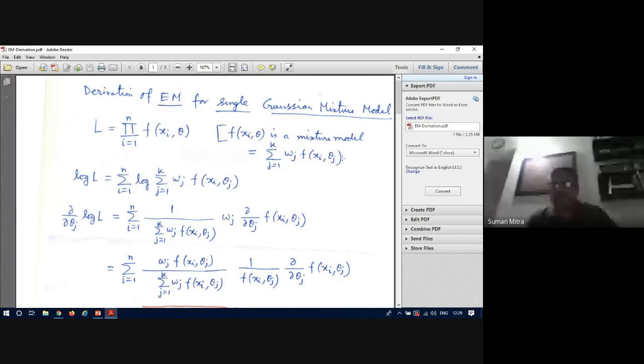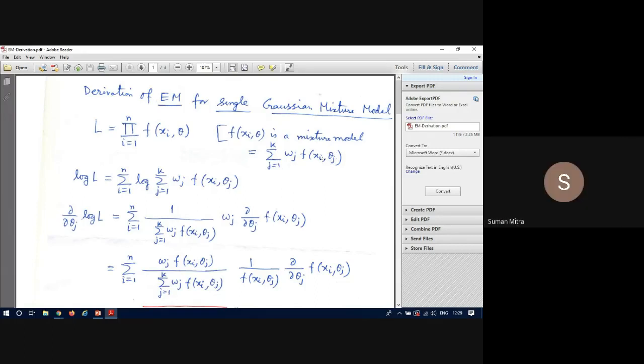So what is theta j? Theta j is mu as well as sigma. But right now, consider that this is only theta j. Right? So wj f(xi, theta j). Why do we put it j?